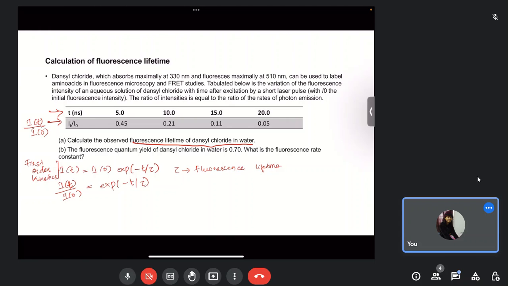If you plot t versus I(t) by I(0), you will get an exponential decay, where the rate of decay is equal to 1 by the lifetime, which is tau.